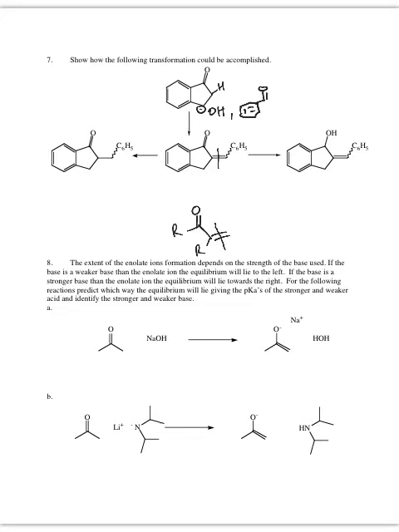When we want to reduce just the alkene, we would do hydrogen and platinum, hydrogen and palladium, or hydrogen and nickel. That reduces the carbon-carbon double bond. And then if we want to reduce the carbonyl, the ketone, we can use LAH, lithium aluminum hydride, and it'll just reduce the carbonyl, leaving the alkene alone.